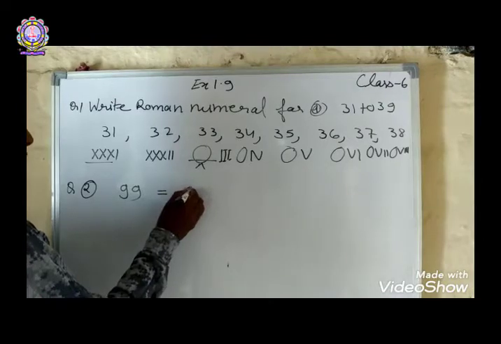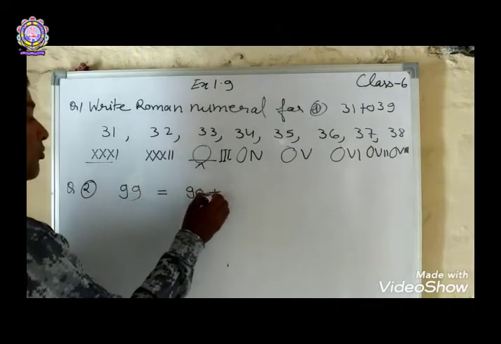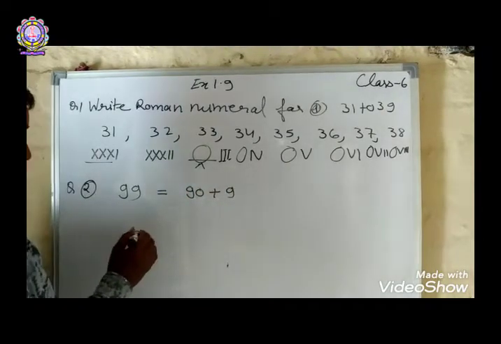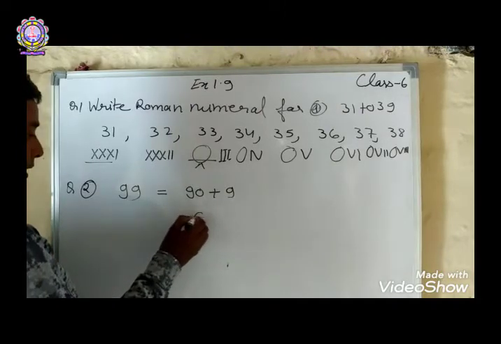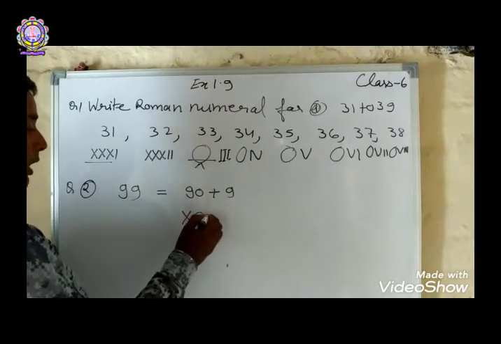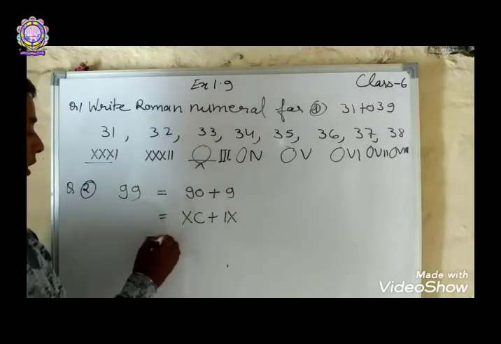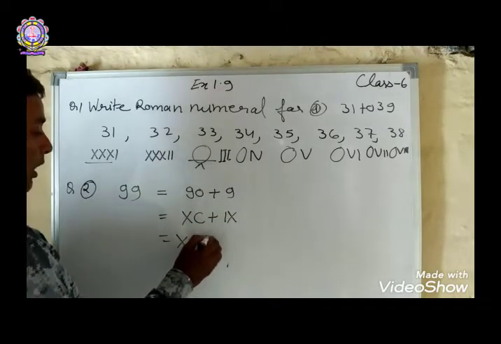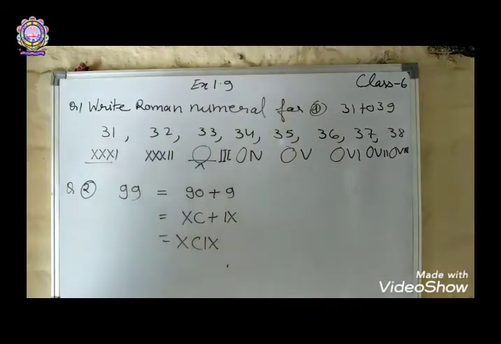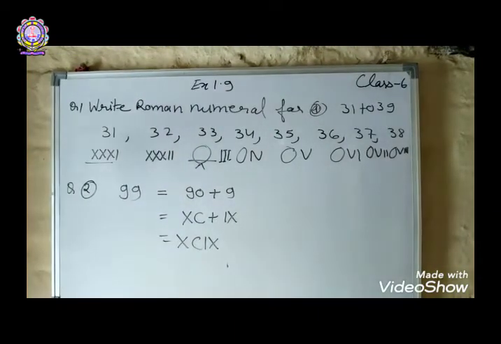That is 90 plus 9. So how do we write 90? XC. And how do we write 9? IX. So now we write XCIX. This is the 99.